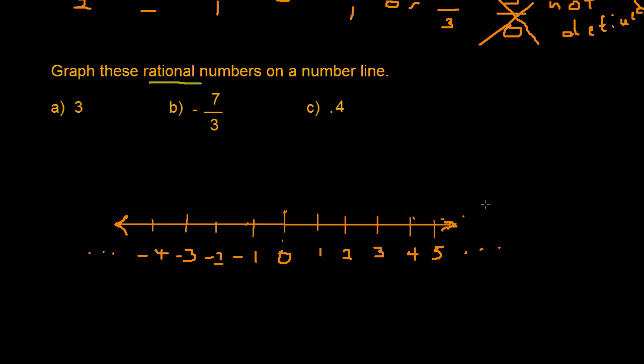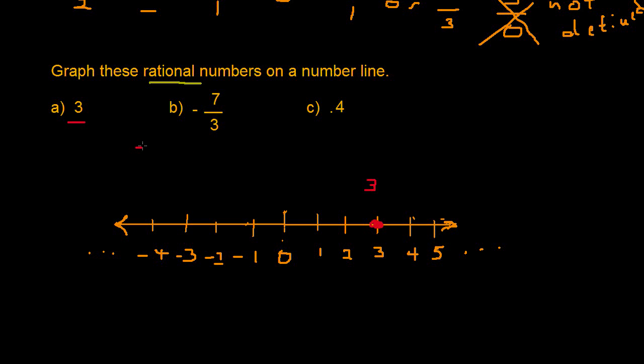And now we would like to graph first the number 3. Well, the number 3 was one of our marks on the number line. There it is. So I just graphed the rational number 3. Okay, now how about -7/3?